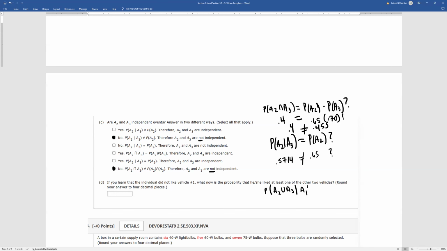They did not want vehicle 1. So that's the complement of that. Okay, so if you think about that in terms of the formula, that's going to be A2 union A3 intersected with A1 not on the top over the probability that someone did not like A1.